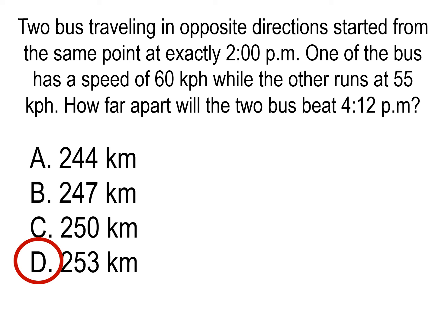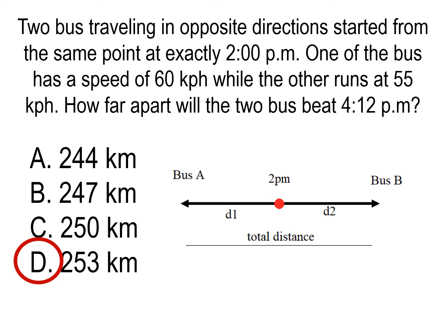how far will be the two buses at 4:12 p.m.? Okay, the correct answer here is 253 kilometers. Paano po ba yon? Ito po yung figure natin. So, nagsimulang 2 p.m., nag-travel yung bus A at nag-travel yung bus B sabay. Of course, we do not know their distances, so we denote it D1 and D2.